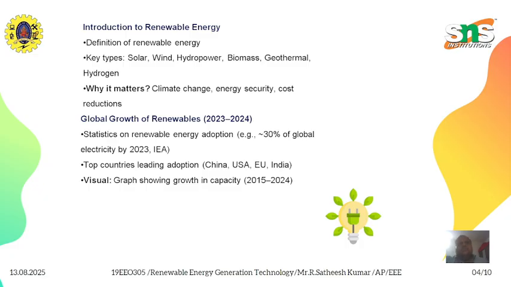The global growth of renewables in the period 2023 to 24 is almost 30 percent of electricity produced all over the world falling under renewable energy. The top countries leading in adoption of renewable energies are China, USA, Europe, and India.